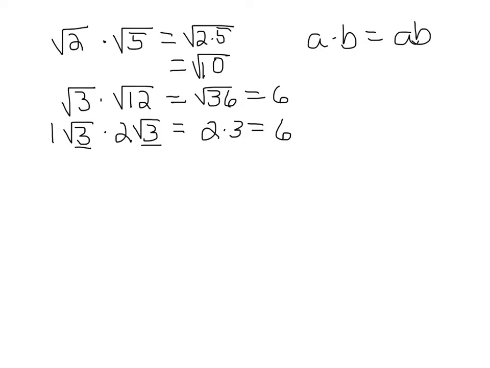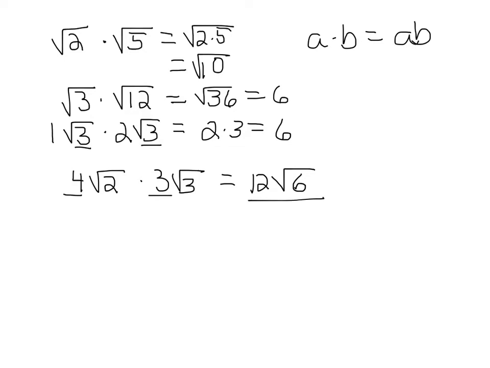If I say 4 root 2 times 3 root 3, I multiply the coefficients and I multiply the radicals. Then I always make sure to see if it's in simplest radical form, which it is.